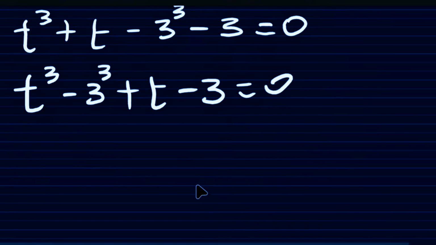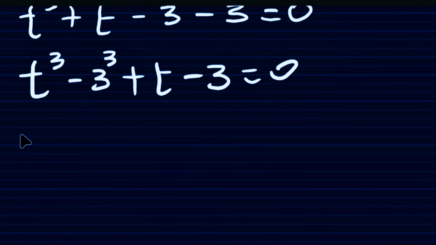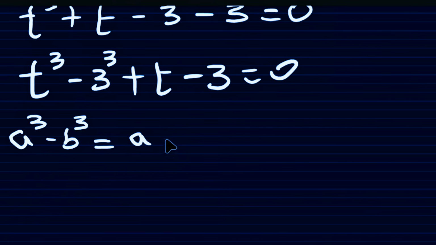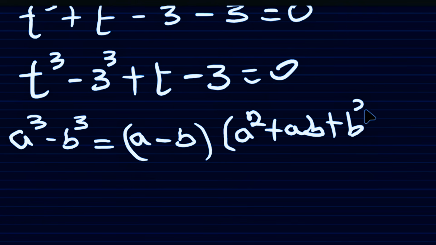The next step is to note that according to the algebraic identity, a^3 - b^3 equals (a - b), in parentheses, then we open another parenthesis, (a^2 + ab + b^2). This is what this algebraic identity is saying.